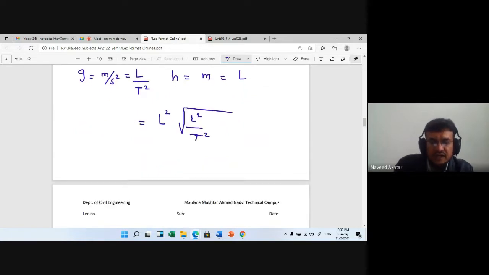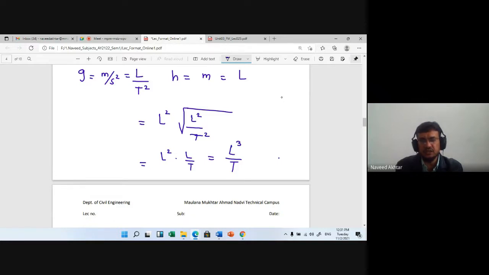So this is L square into L by T, which will be nothing but L cube by T. I give this as equation 3.